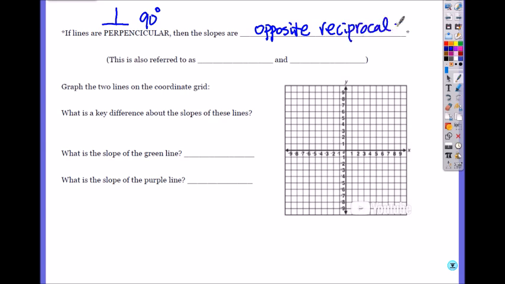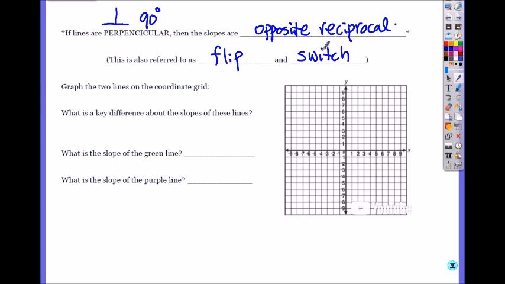What does it mean, opposite reciprocal? It means you flip top and bottom if it's a fraction. Or even if it's 2 over 1. So you flip it and you switch the sign. If it's negative, it becomes positive. If it's positive, it becomes negative.